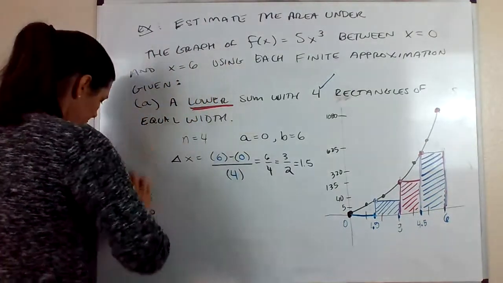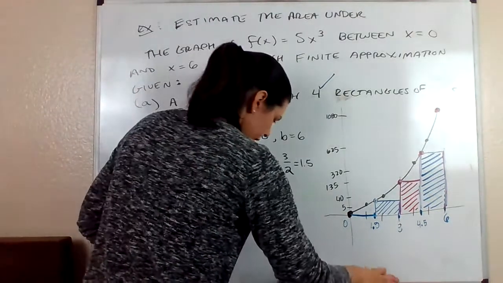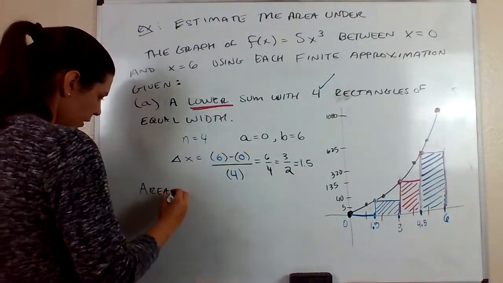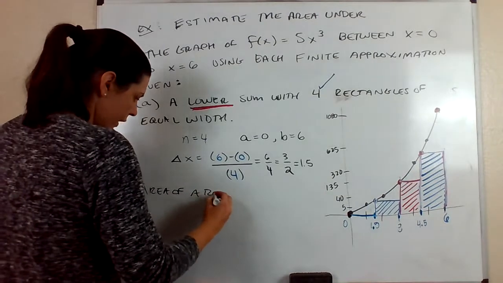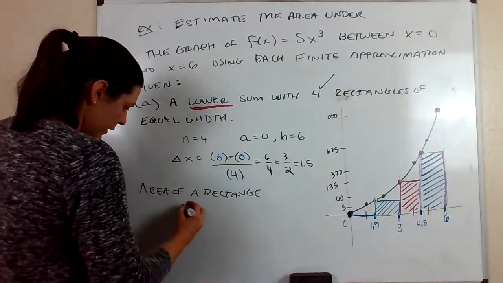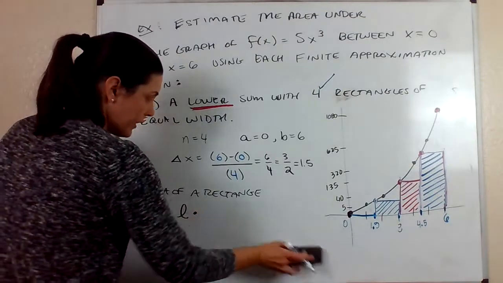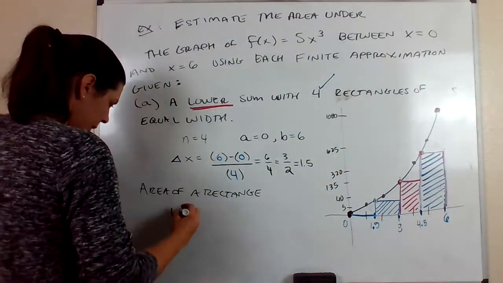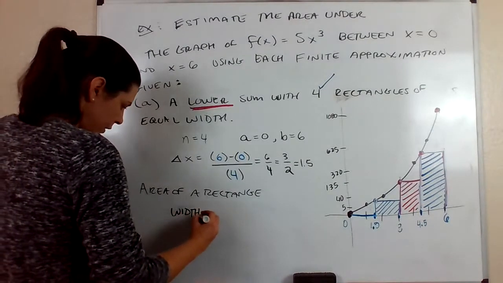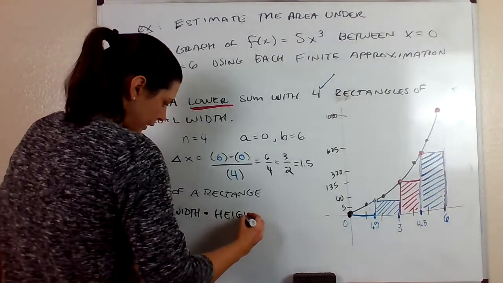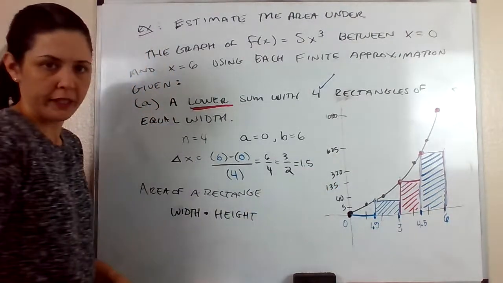Okay, so here's why we're doing this whole thing, is because the area of a rectangle is just length. Well, it's technically length times width, but I think I'm going to call it height, just to be very clear. I'm going to call it width times height, because I think the height correlates better with the picture if I call that height.